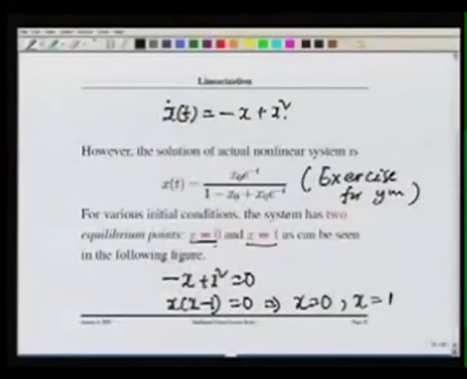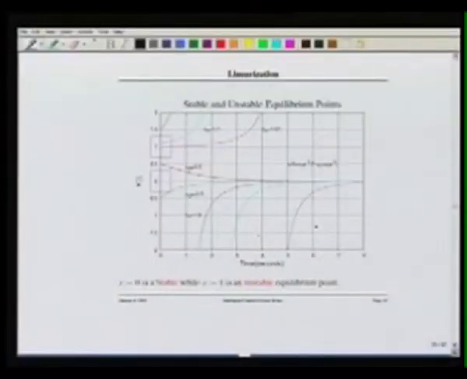So, we talked about linearizing the system around only one equilibrium point, x equal to 0, the origin, whereas there is also another equilibrium point, x equal to 1. So, let us see the system behavior around these equilibrium points. This is a plot, and you can see this is one equilibrium point.